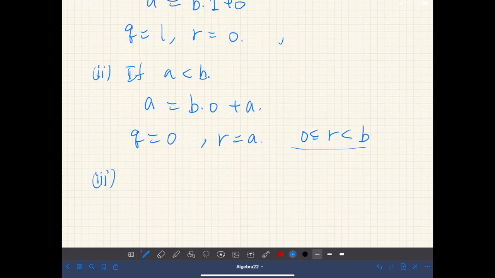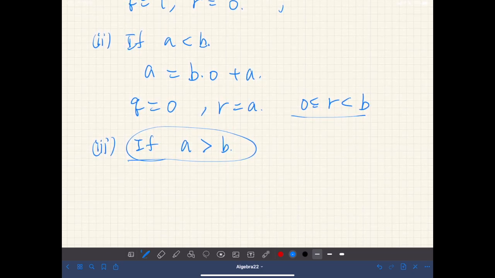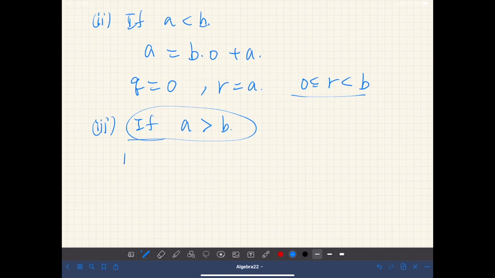Now, the case where a is greater than b, then what happens? For this case, we prove by mathematical induction.